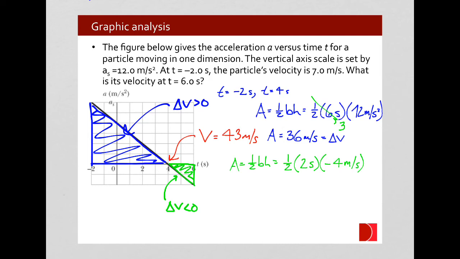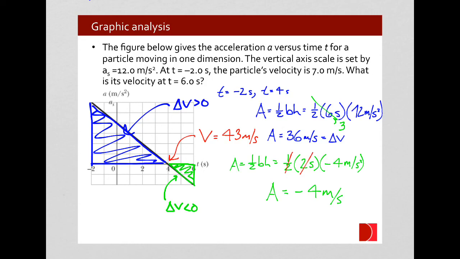We said that the total scale is 12 for 6 tick marks, so each tick mark represents 2 meters per second. These 2 tick marks together represent 4 meters per second, and it's negative because it's beneath the axis. What that means here, the 2 and the 1/2 cancel, and our area is a negative 4 meters per second.